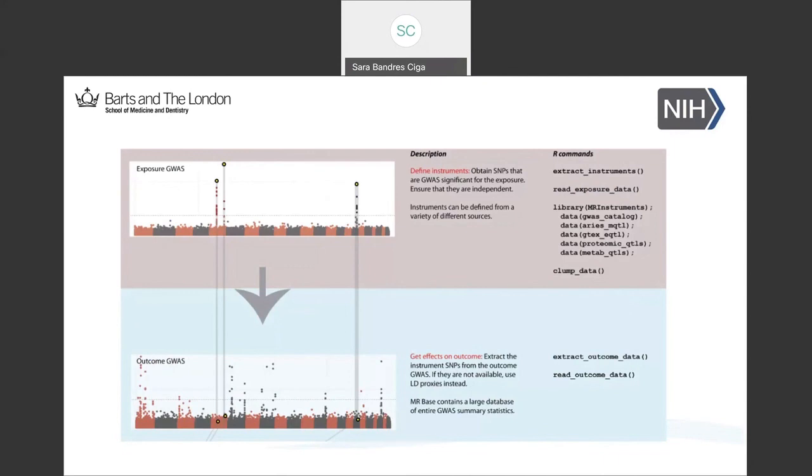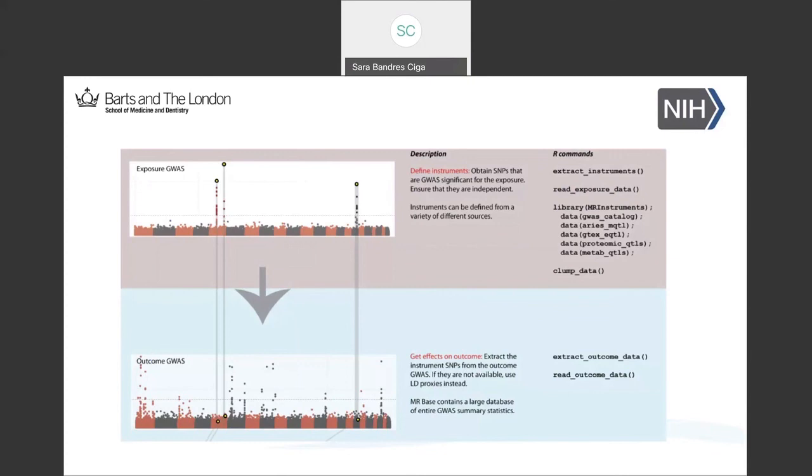We call those SNPs instrumental variables in Mendelian randomization. So the first step is defining your instrument. We obtain those SNPs, and we have that text file that I will show in a bit, which is basically summarizing the information of those SNPs in terms of the SNP of interest, effect allele, the other allele, the beta that is always referring to the effect allele, standard error, and so on.